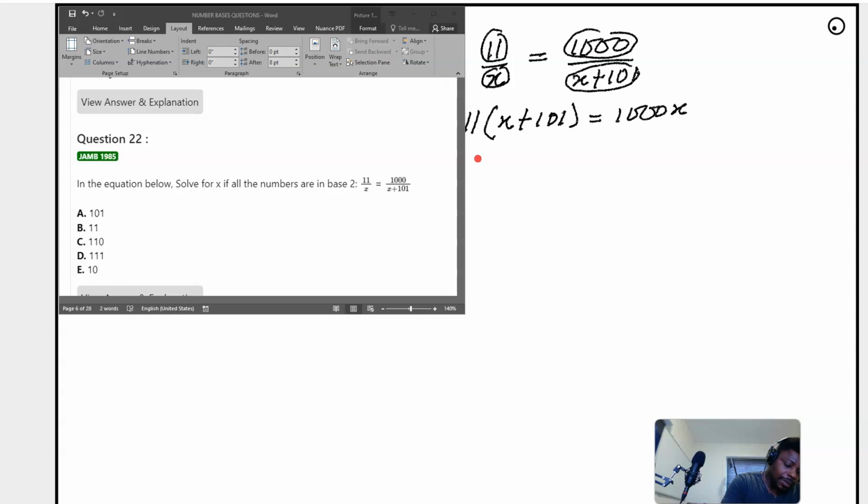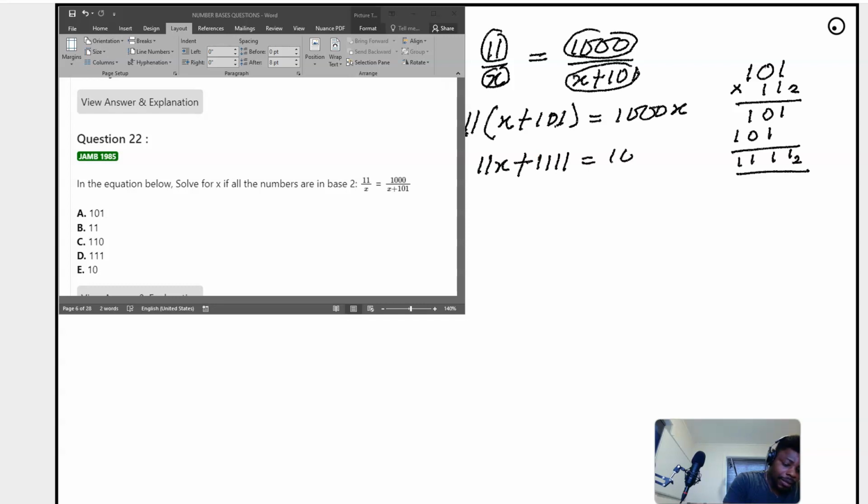Let's open the bracket. This is 11x plus 11 times 101. Remember, they are in base 2, so you have to solve that separately. So 101 times 11: this is 1, 0, 1 and this is 1, 0, 1, so we have 1, 1, 1, 1 in base 2. So 11 times 101 gives 1111.